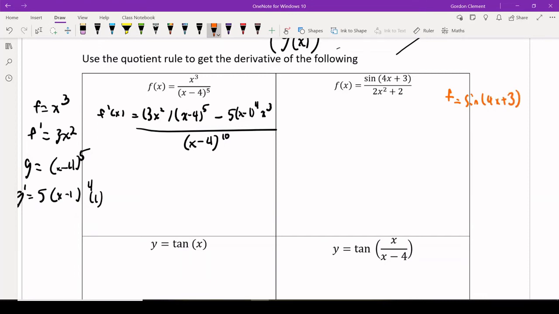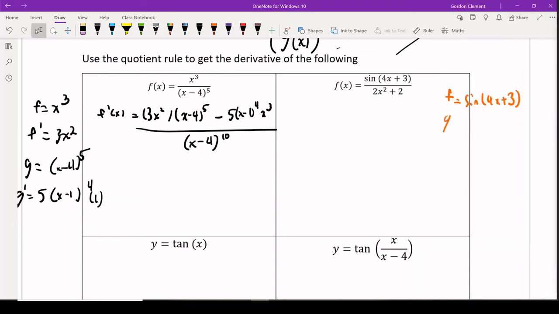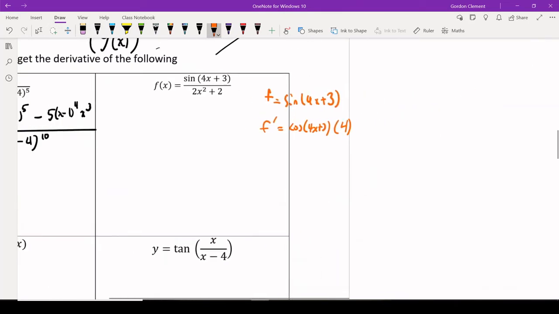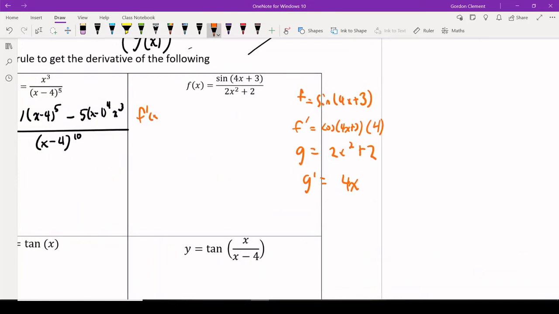So here f is sine of thing. Derivative of sine is cos, and then chain rule says multiply by the derivative of the inside after the fact. G is easy peasy. And then putting those pieces together: f prime g minus g prime f.